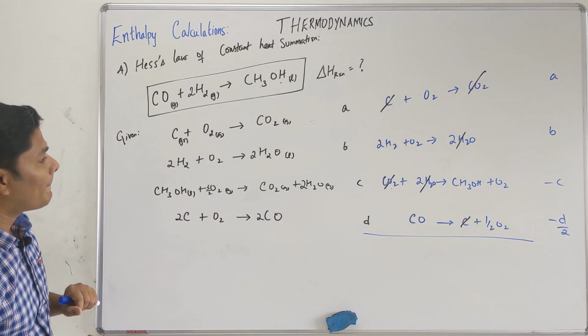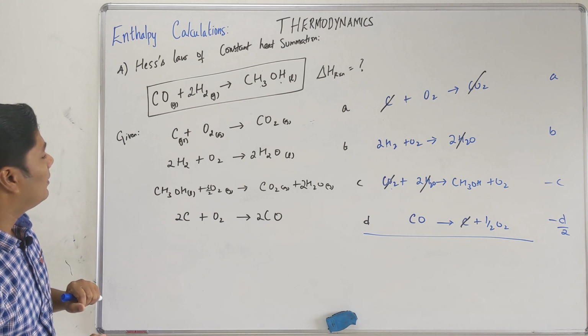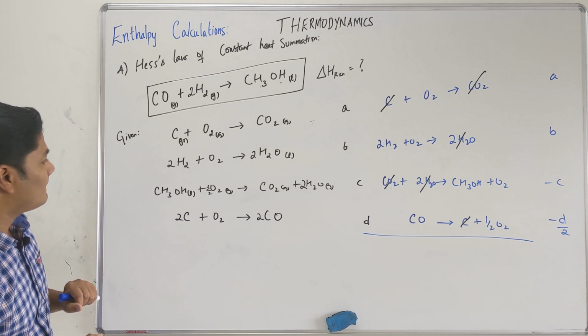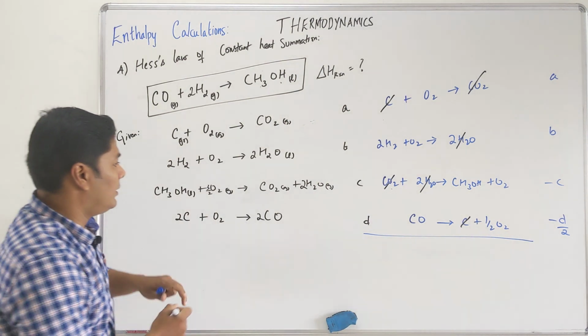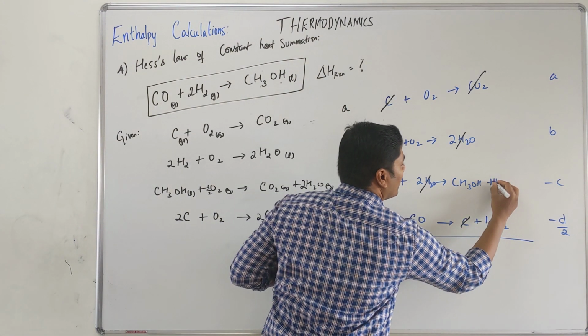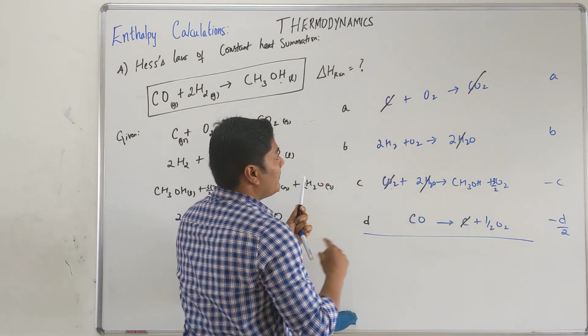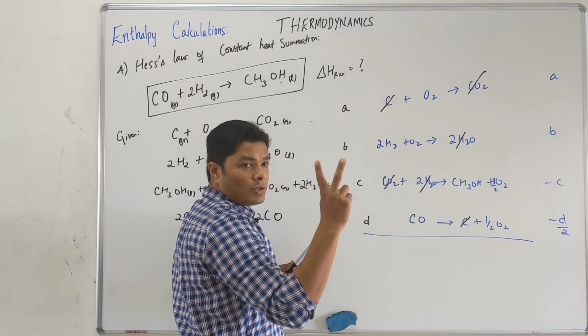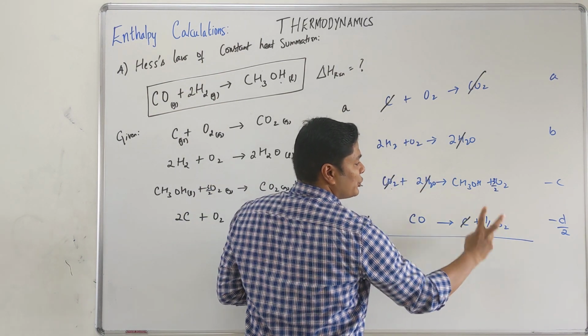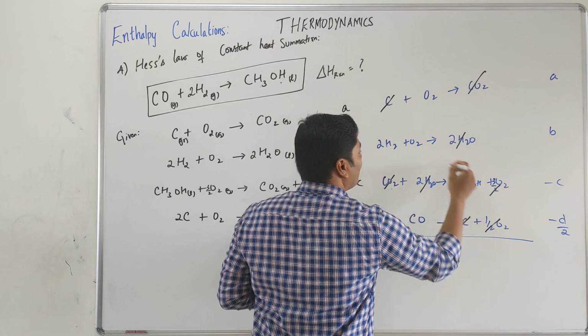Now let us see, here I have 3 by 2, there we go, alright. Now when you see 1 oxygen plus 1 oxygen is 2 oxygen, 3 by 2 plus half is 2, so my oxygen cancels out.